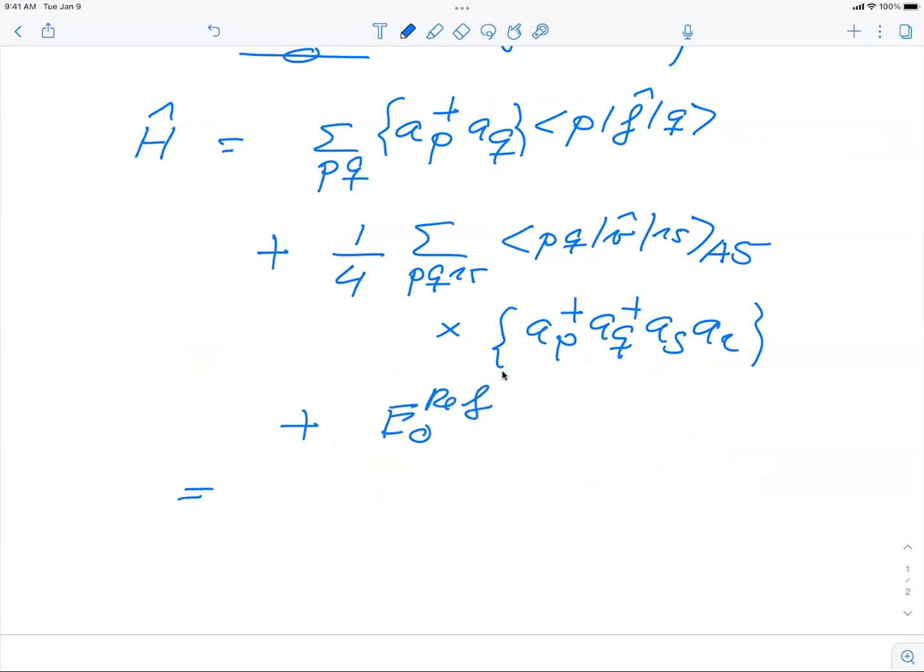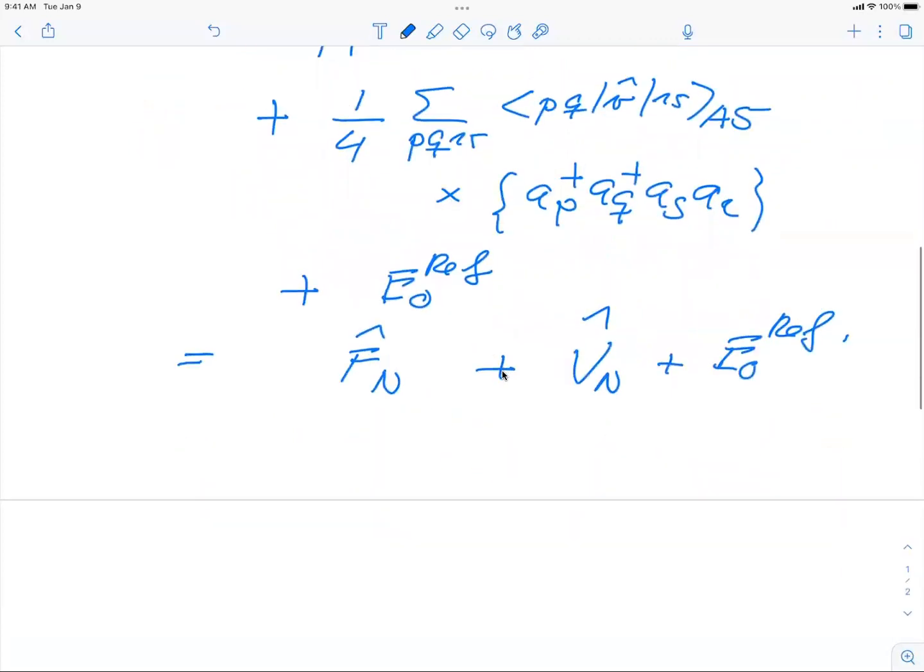So we rewrote this in terms of an operator F of n, where F is now a one-body operator plus the two-body operator plus this E0 reference. And just let me remind you quickly of what this E0 reference is.